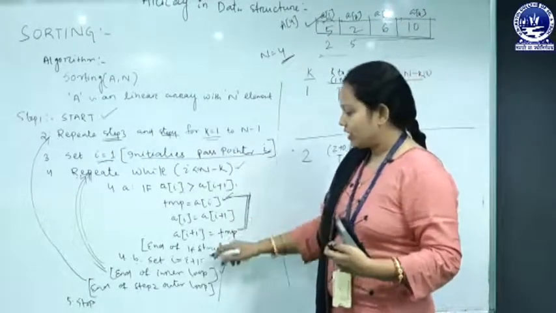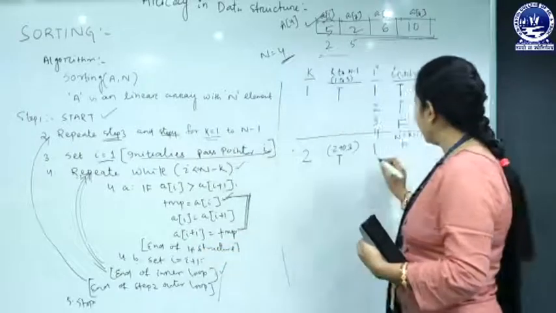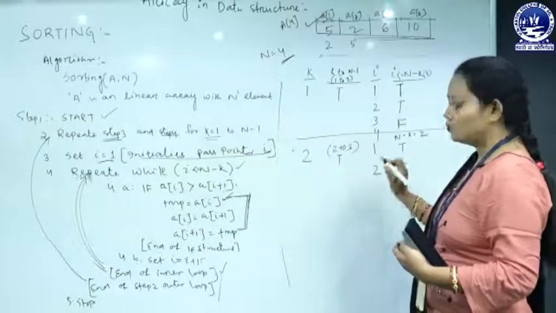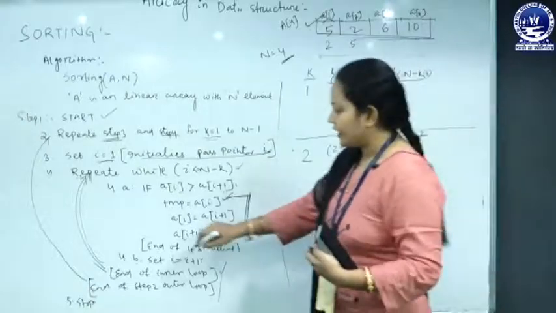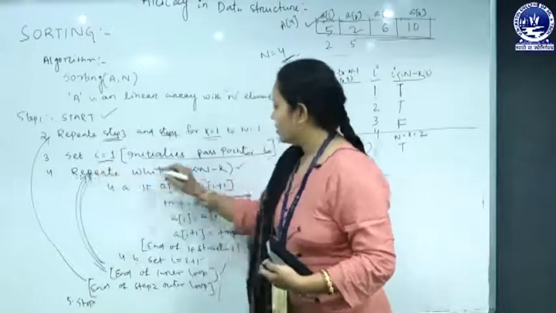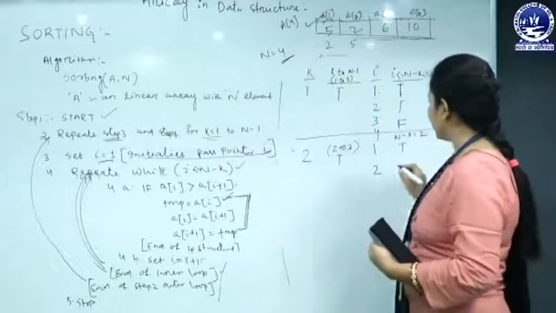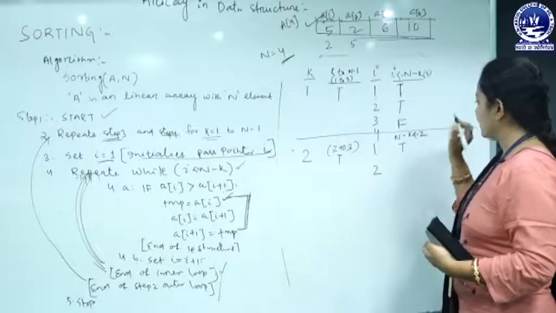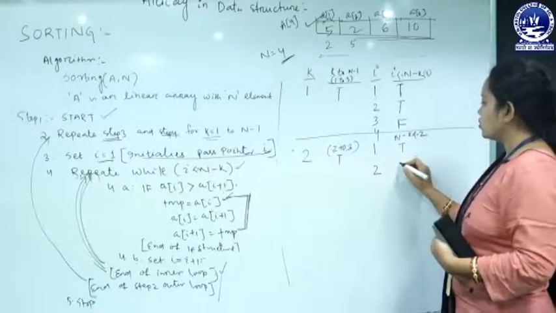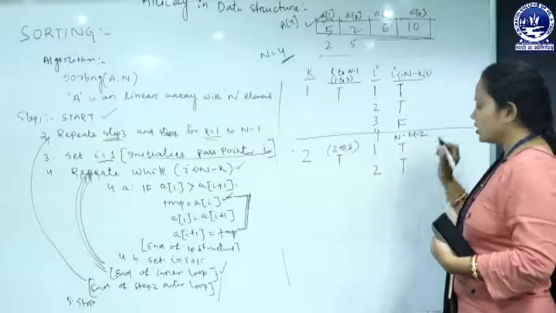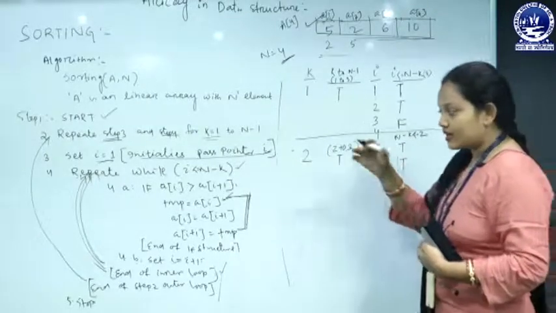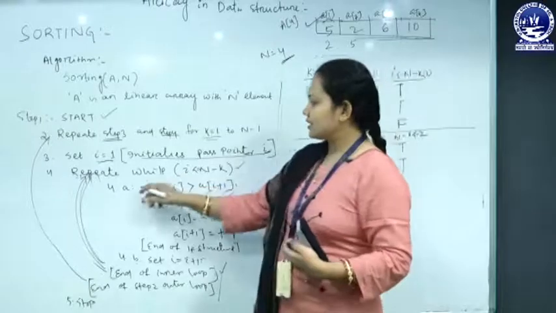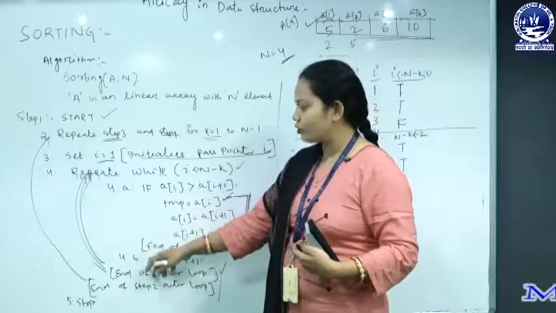Then again we will increment I value. So I becomes 2. Then again we will check the condition, that is I less than equals to n minus k, so 2 less than equals to 2, condition is true. When the condition is true, we will execute these two statements, 4a and 4b.